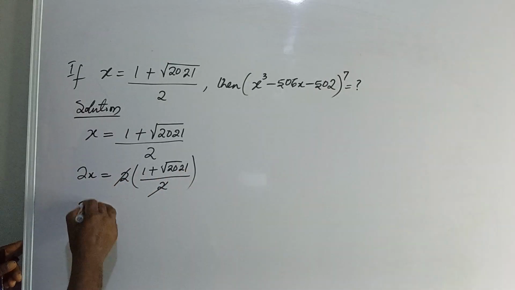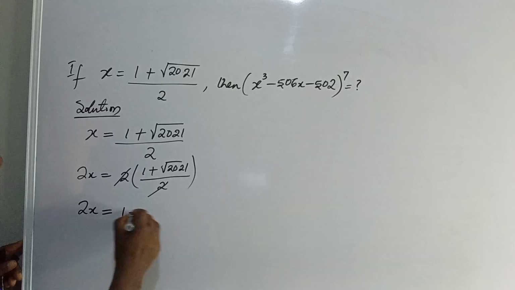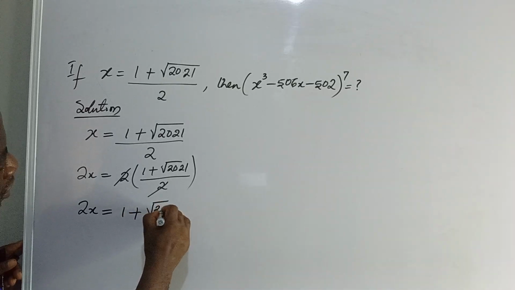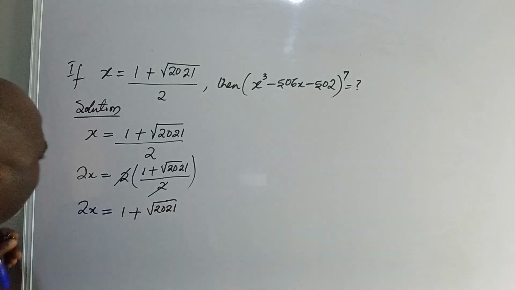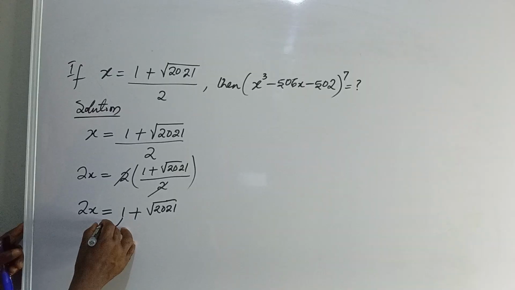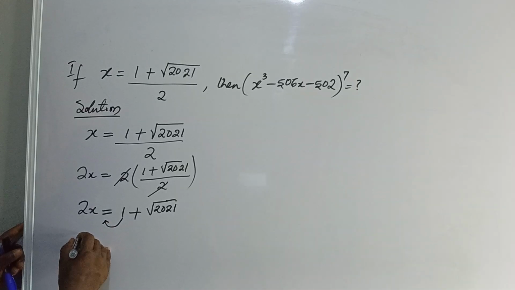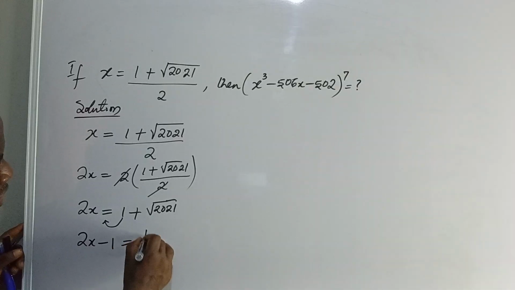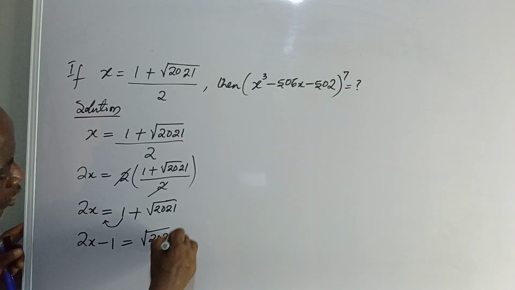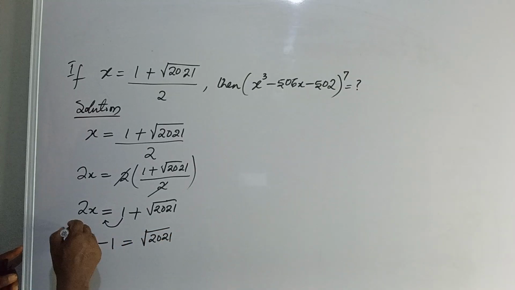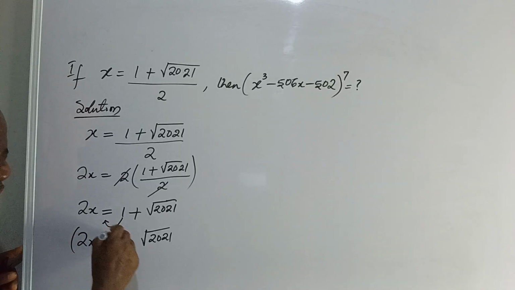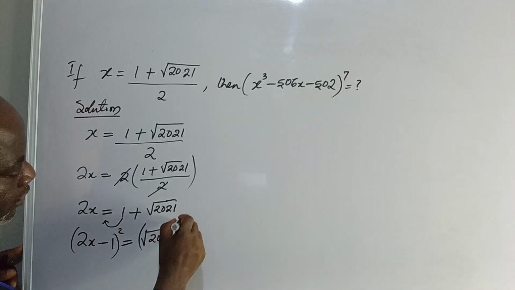So we have 2x equals 1 plus square root of 2021. I'm going to transfer 1 to this side, so the equation becomes 2x minus 1 equals square root of 2021. Then I'm going to square both sides.